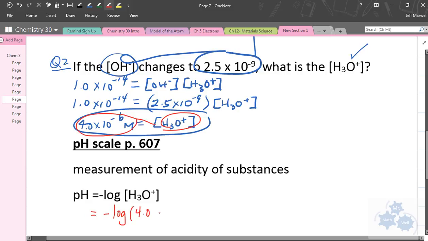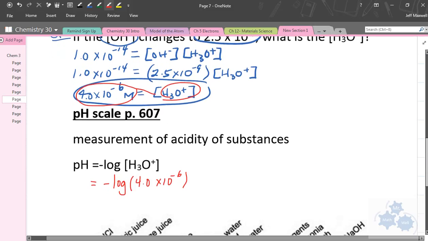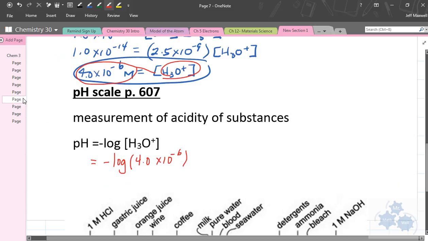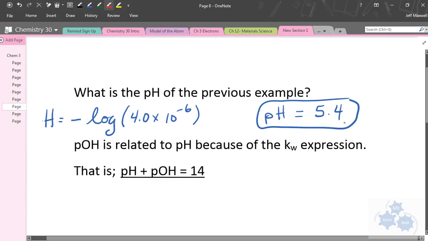So get on your calculators and plug this number in: negative logarithm of 4 times 10 to the negative 6, or 0.000004. See what you get for a number.